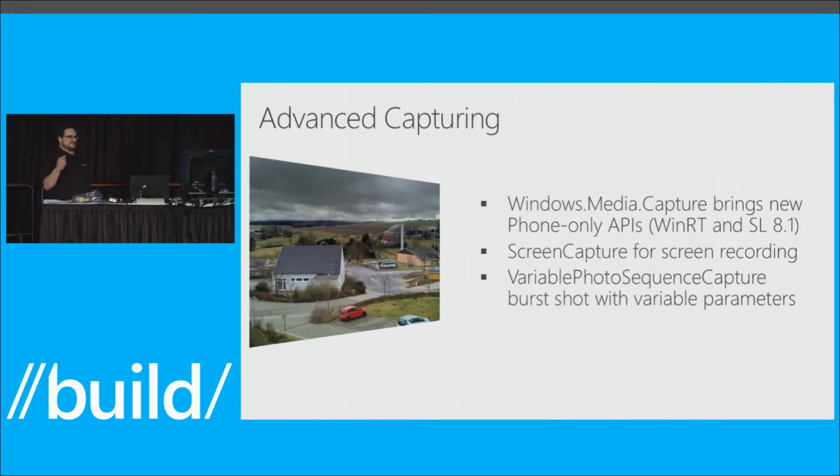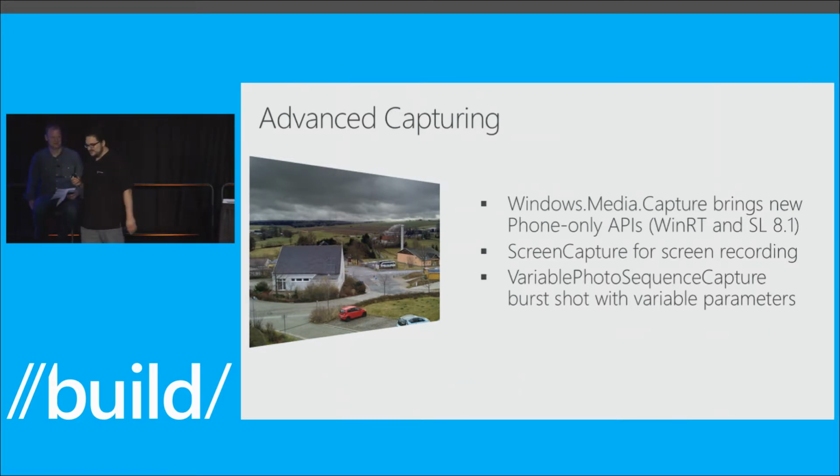Next section, advanced capturing. The Windows Media Capture also brings some phone-exclusive APIs. So we have this common API I showed you, which is common to Windows and Windows Phone, WinRT, and Silverlight. And we have some cool new phone-exclusive APIs.